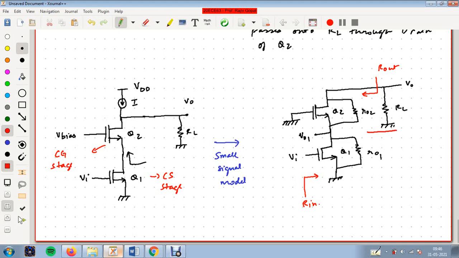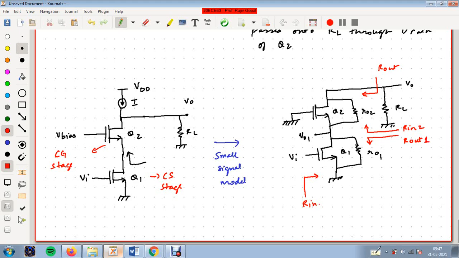And between these two stages, the impedance seen in the upward direction, towards the source of Q2, I will call Rin2, and towards the drain of Q1 I will call Rout1.